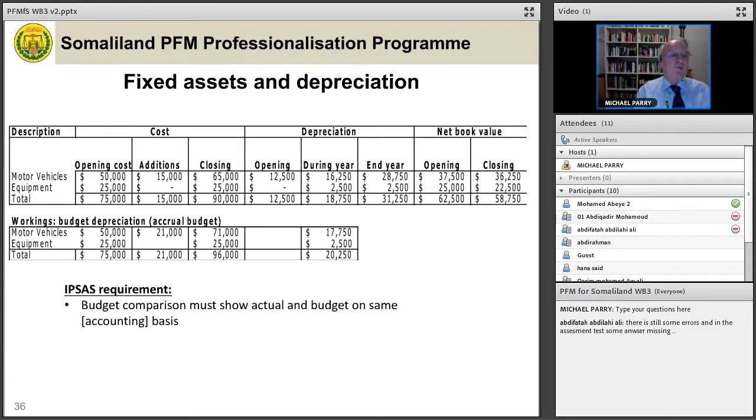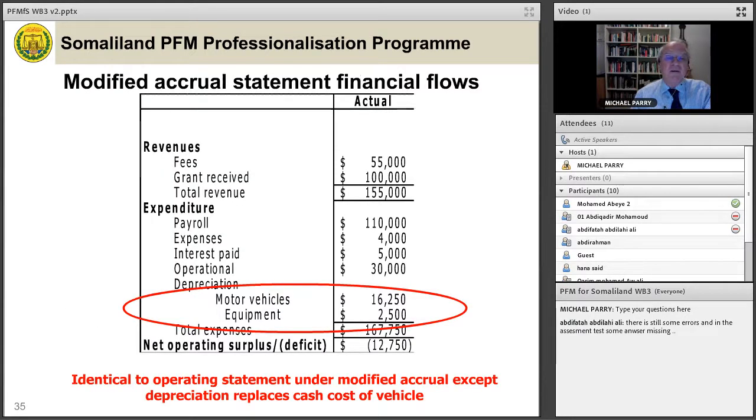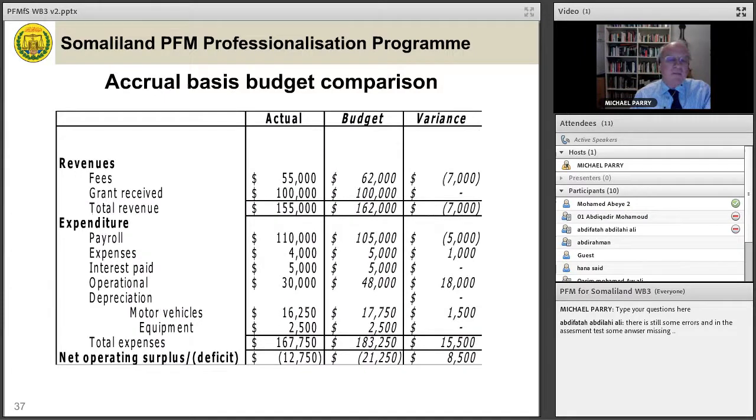I'd say in this one, we've assumed that you've got an accrual budget, and this is how you calculate the depreciation. It's somewhat simpler because we've only got to calculate one figure for motor vehicles and equipment. We take the opening costs, which of course don't change, the budgeted expenditure, and then we can work out the budgeted depreciation. As the budgeted expenditure was higher, the budget depreciation is higher. Sorry, the wrong way.